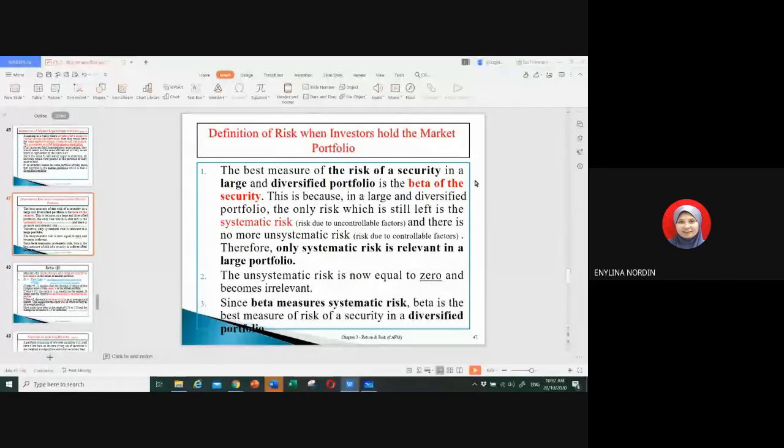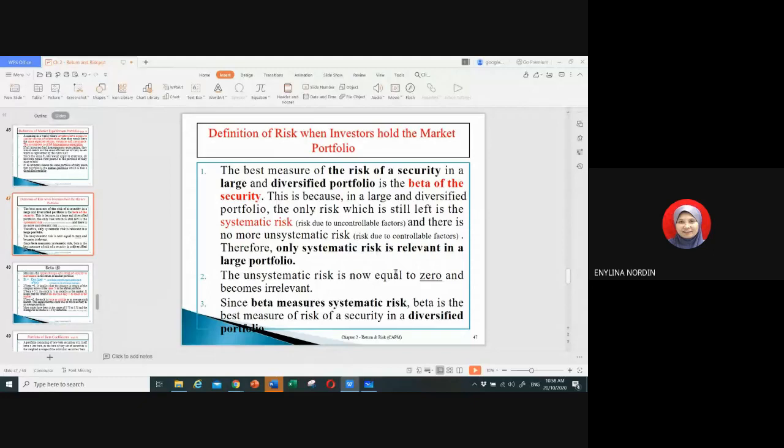The variance and the standard deviations of the stocks no longer exist in the portfolio. They are diversified away. Jadi yang tinggal hanyalah systematic risk.